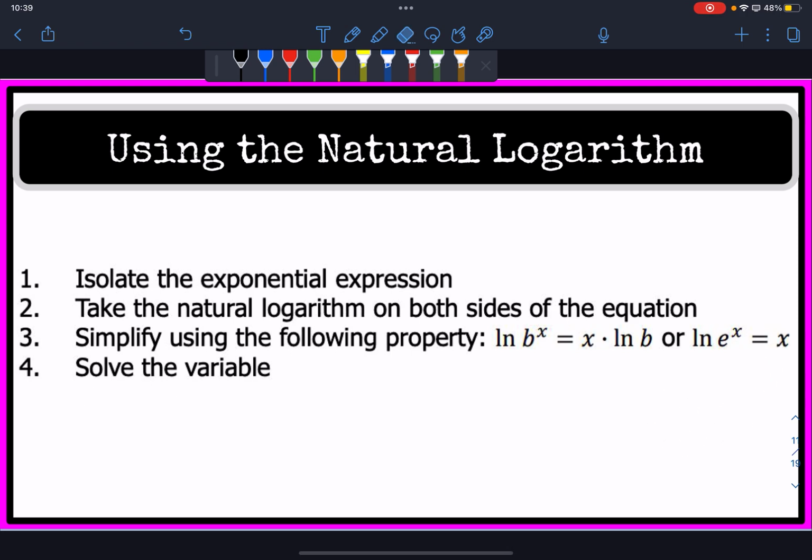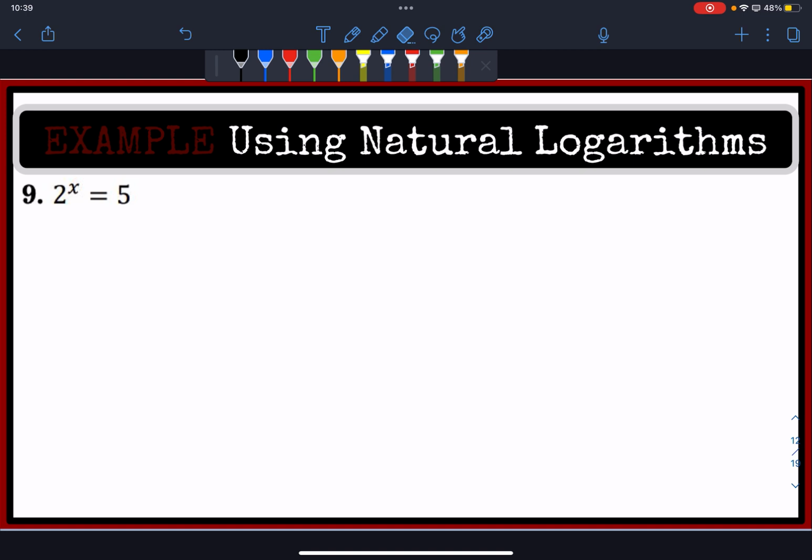And then we just simply have to solve the equation for the variable x, like we're doing with other problems. So for example, going back to this example right here, like I said, there's no way of rewriting 5 as a base 2 or changing both of them so they have a common base. Remember, b can never equal 1, and it definitely has to be greater than 0, a positive number.